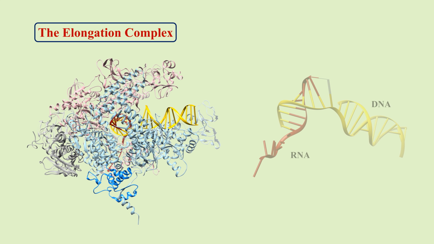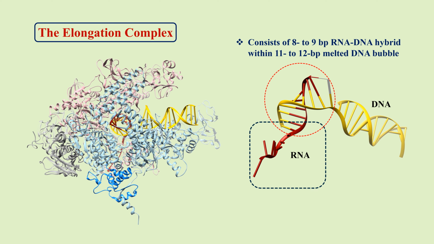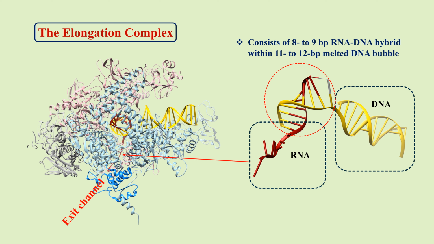The elongation complex at any instant of time consists of an 8 to 9 base pair RNA-DNA hybrid within an 11 to 12 base pair melted DNA bubble. On the upstream side of the hybrid is single-stranded RNA moving through the exit channel, and on the downstream side of the bubble is double-stranded DNA waiting to be unwound.